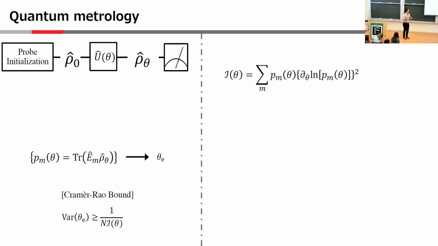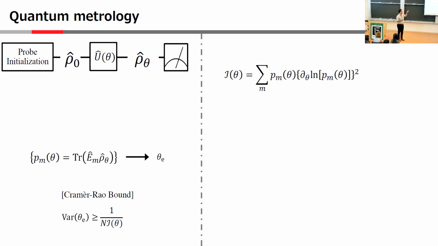And there's this very nice, very old classical inequality called the Cramér-Rao bound, which bounds the variance of the estimate in these estimation schemes. And it's bounded such that the variance of the estimate is always greater than or equal to 1 over the number of times you've run your experiment, or the number of probes you have, times this quantity I here, which is called the Fisher information.